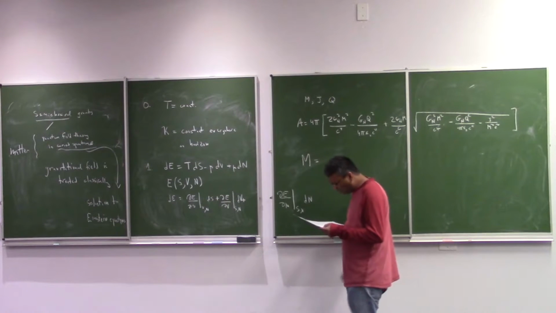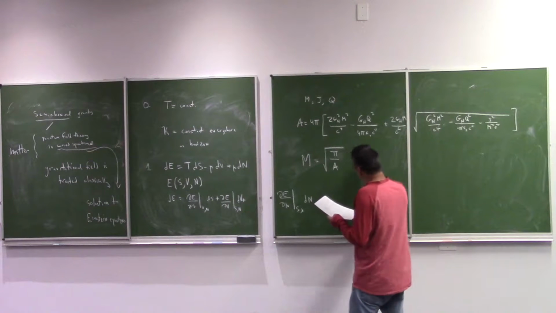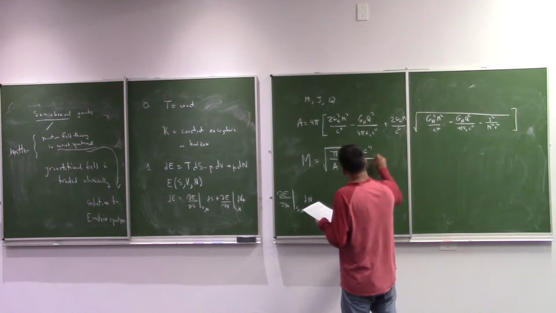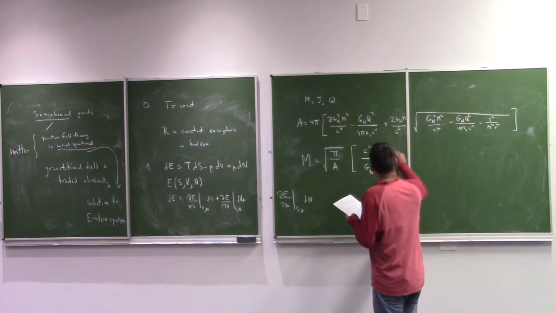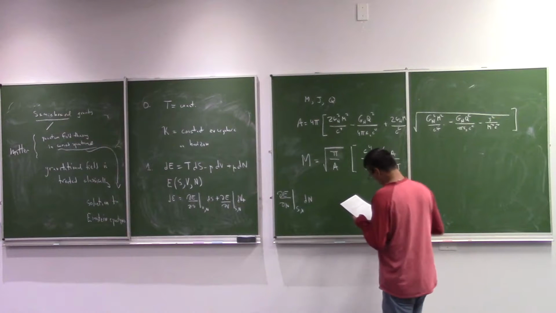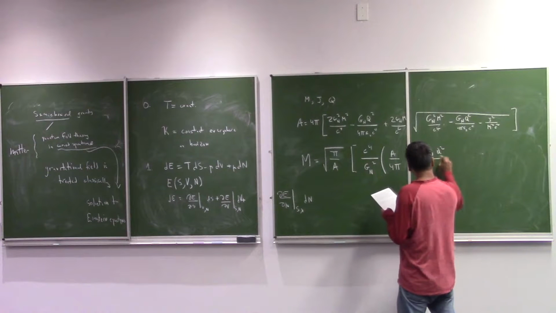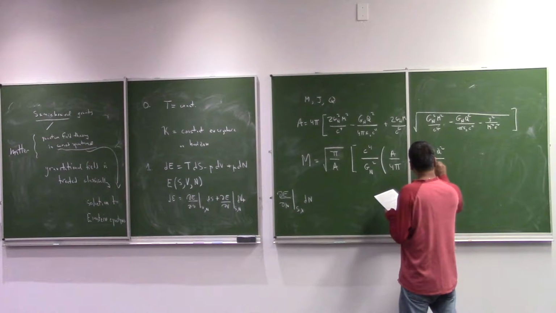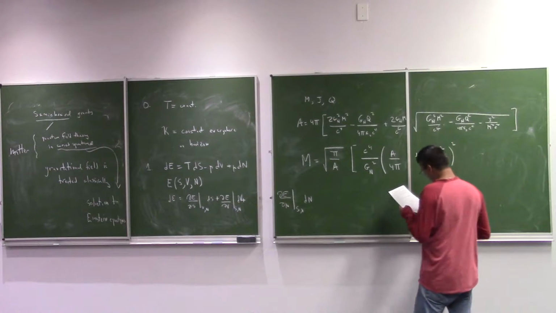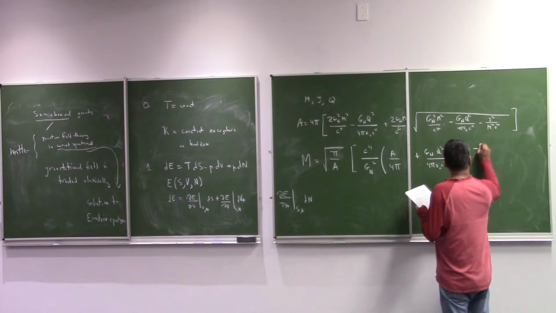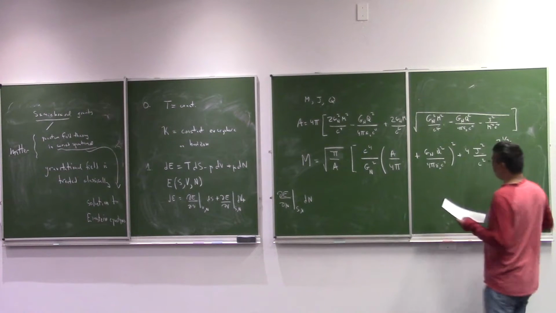We can write the mass as the square root of π over A, c⁴ over G_N², times [A/(4π) plus G_N Q²/(4π ε₀ c⁴)] squared plus 4J²/c² to the 1/2.